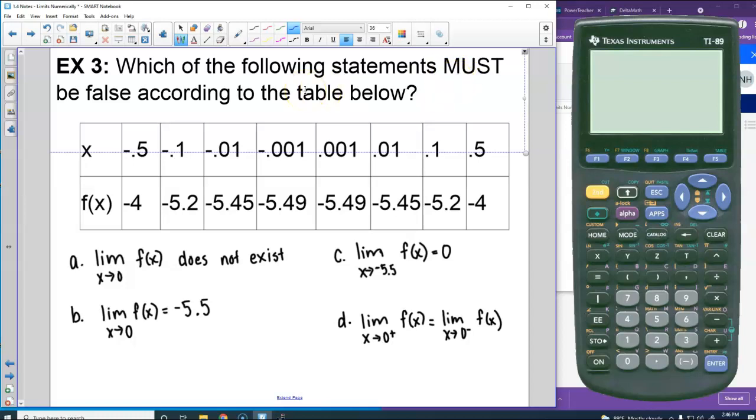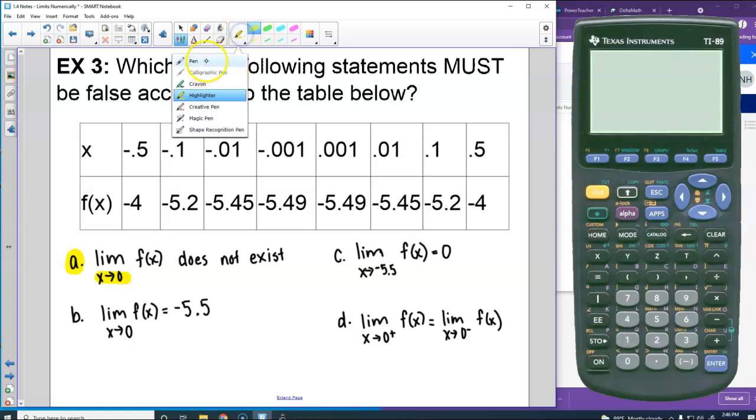Which of the following statements must be false according to the table below? Most of them are asking about 0, but we do have one that asks us about negative 5.5. So, for example, when we're checking A, x approaches 0, which tells me that I'm looking wherever x is 0.